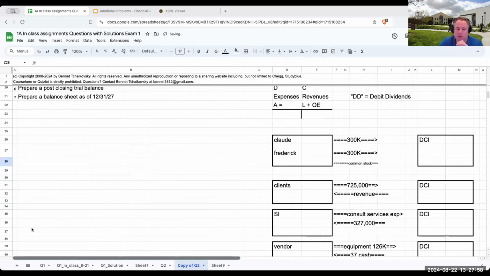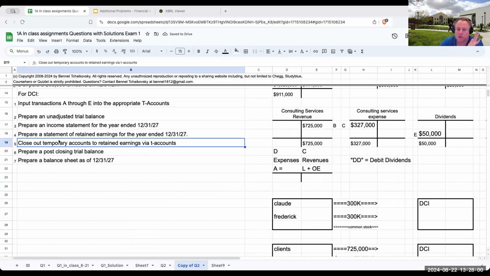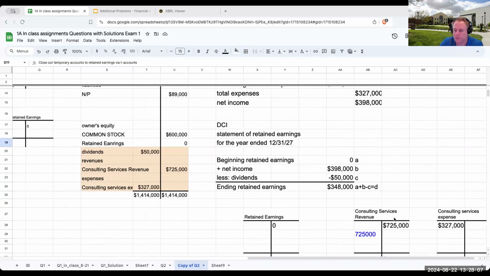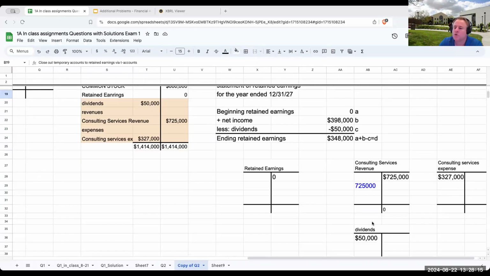So if I look at this over here, close out the temporary accounts to retained earnings via T accounts. That's what we're going through and doing. This is what we call the closing process. We're closing out our temporary accounts, which are revenues, expenses, and dividends, to retained earnings. So I'm going to credit retained earnings. For every debit, I need a credit.